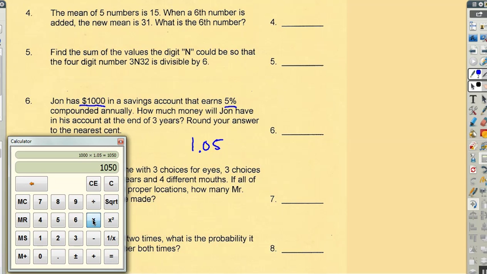So after a second year, he has another 5% added. So I just multiply that value by 1.05, and that's at the end of year 2. And then one more time for year 3. And so we get $1,157.63, and it says round to the nearest cent. All right, number 7.